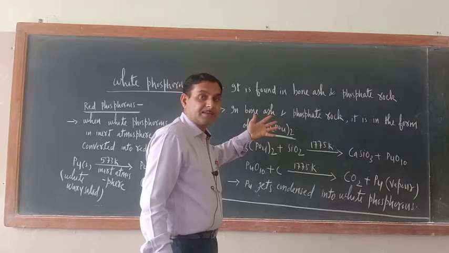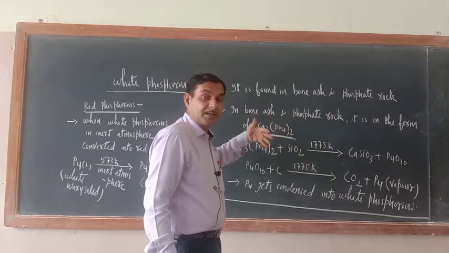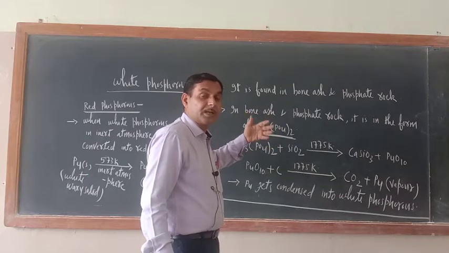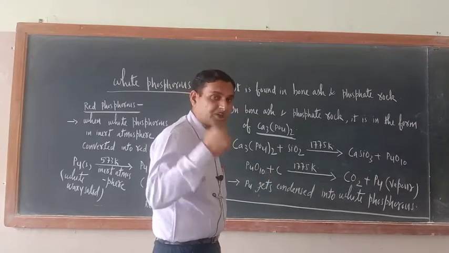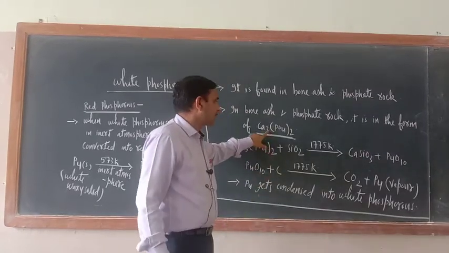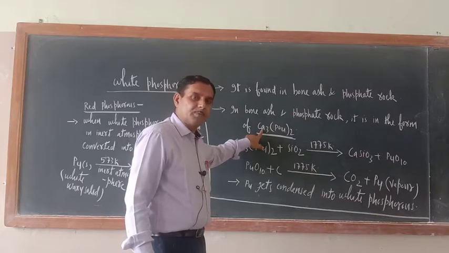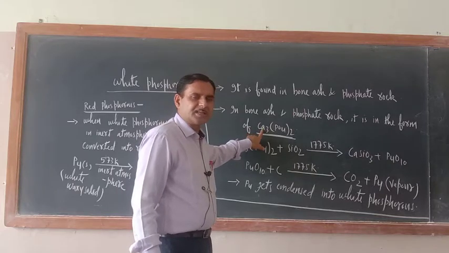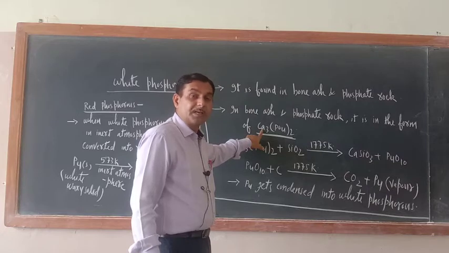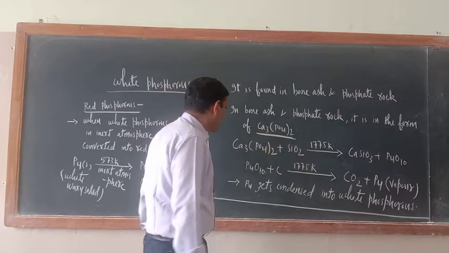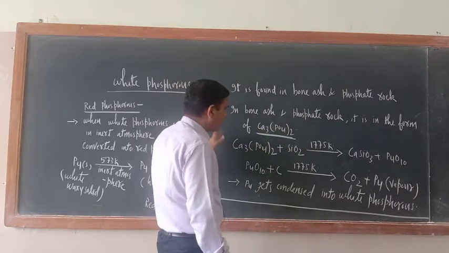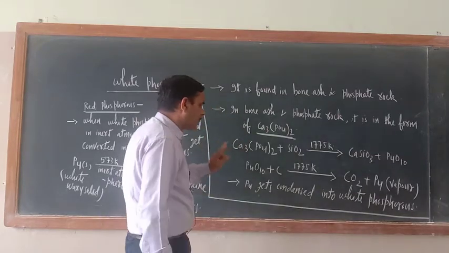And calcium is found in milk. That is why it is always advised to take milk so that our bones can become strong. Bones become strong because of the deposition of this substance only. If this substance is not there in the bones, bones become fragile.